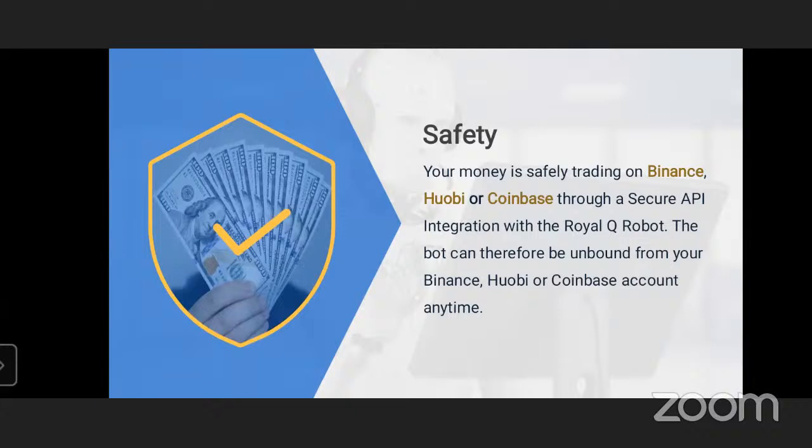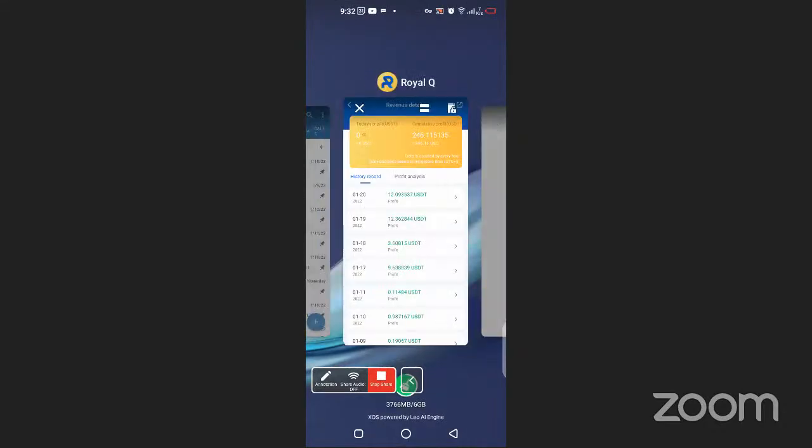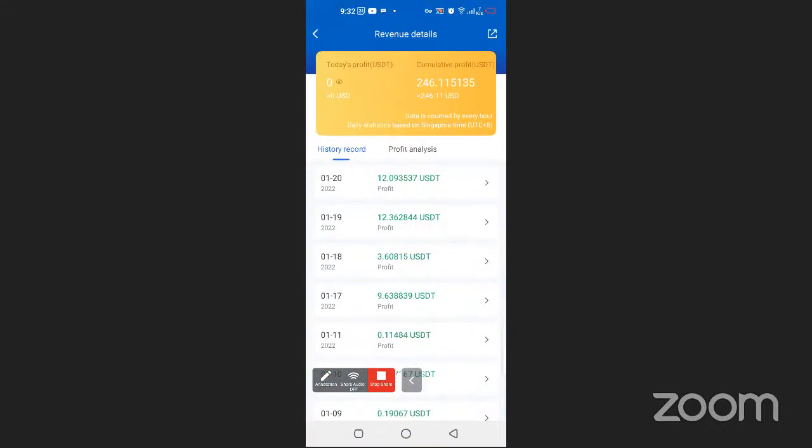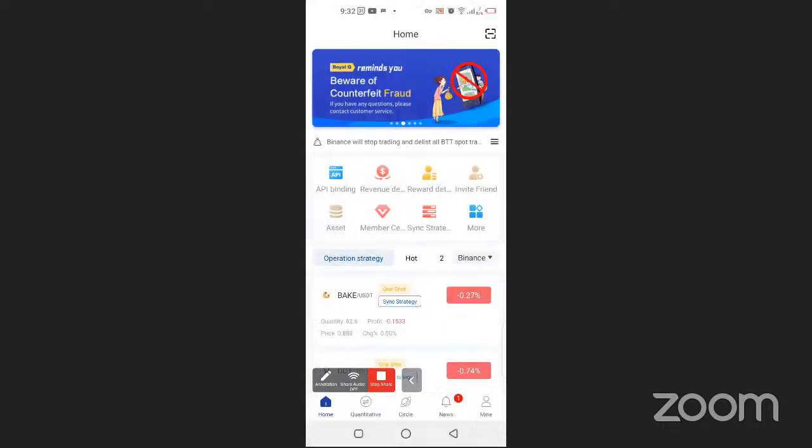So the bot can therefore be unbound from your Binance, Huobi, or Coinbase account anytime. Anytime you can stop, I can stop my Binance account, Huobi, from trading. Could you imagine? If this is my Royalq, and when I tap here on API binding, I've already connected my Binance.